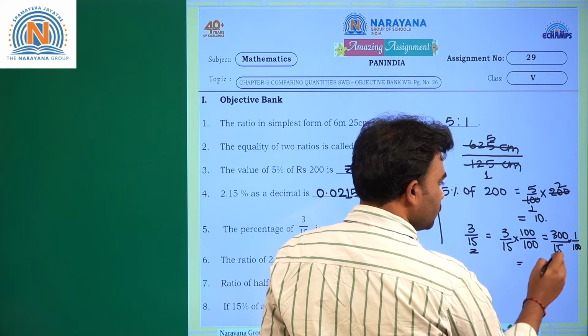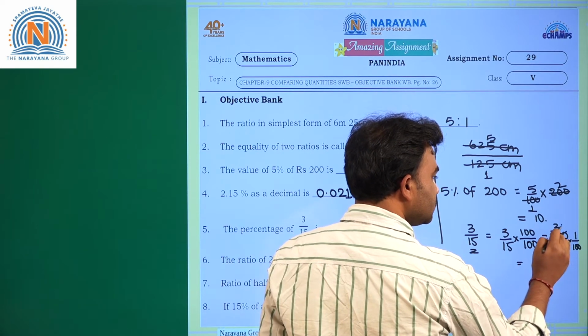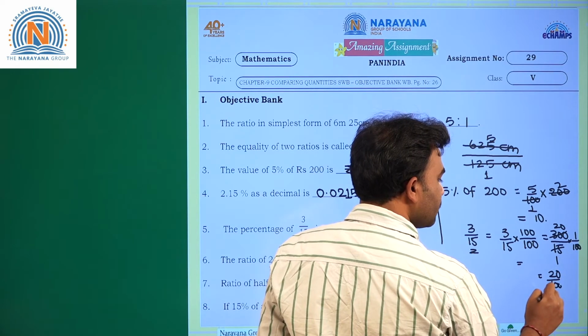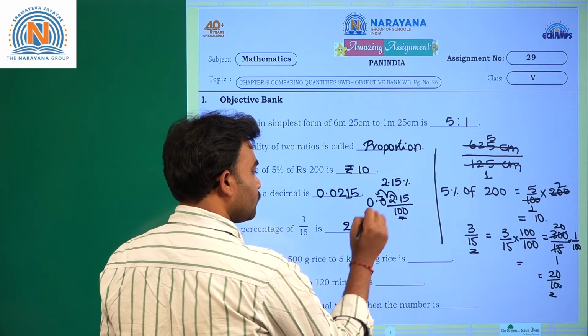We know that 15 ones are 15 and 15 twos are 30, so it equals 20 by 100. That means 20%.